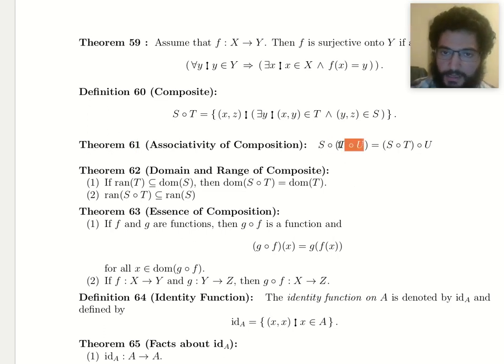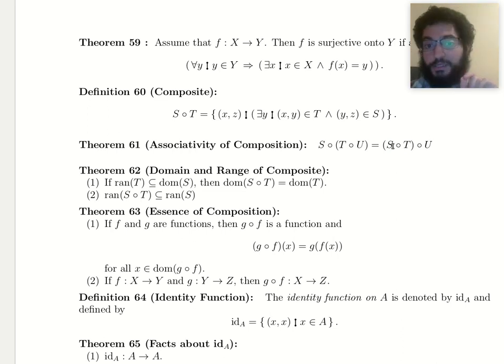Notice that everything is kept in the same order, so we're not saying you can change the order in which things are composed. Well, it's changing whether you compose these first and then this with them, or these first and then this with them. But it's not changing the order in which S, T, and U show up.